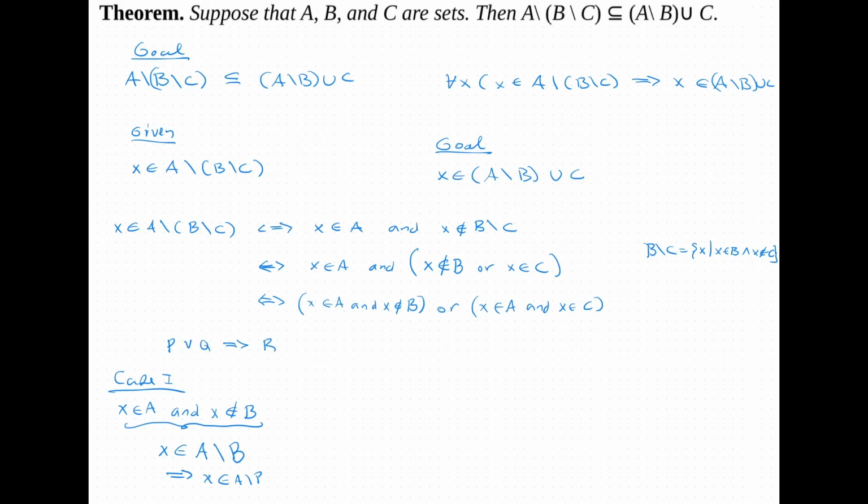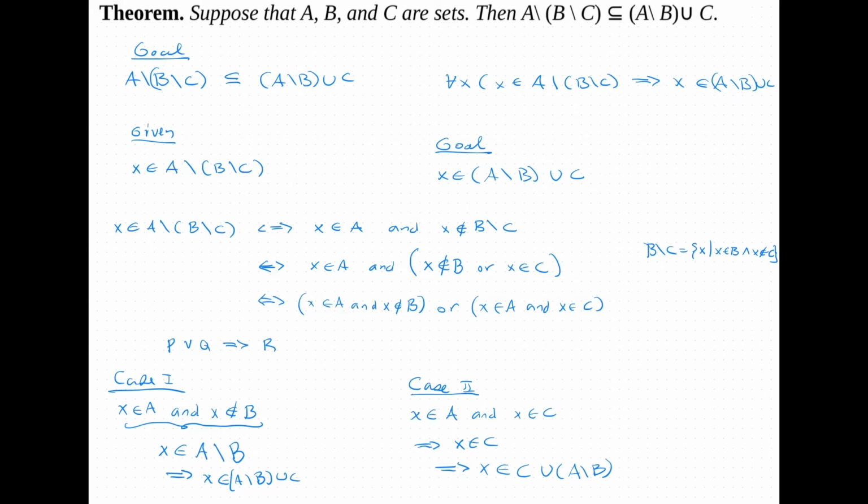And so that takes care of case 1. If we look at, say, case 2, now we want to assume the second statement, Q, which we have x is in A and x is in C. And so in particular, we have that x is in C, and thus x is in the union of C with A minus B. And so we are done in this case as well.